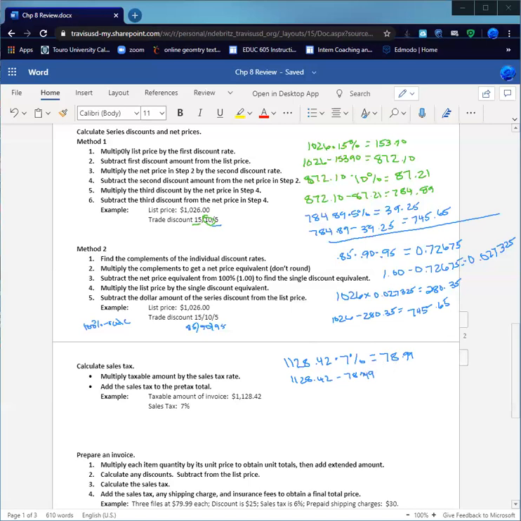Wow, that should have been a 99. I apologize. That's going to give you $1,207.41. This is the tax, so you add your sales tax.